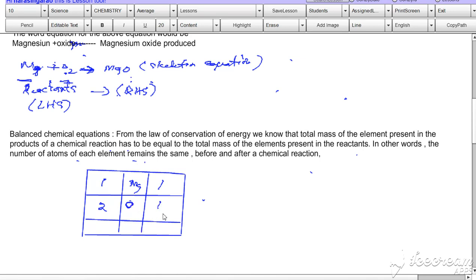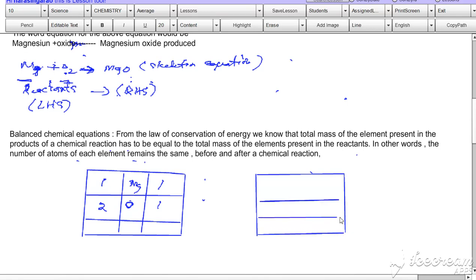So what to do now? To make them equal, you can write here magnesium and oxygen.